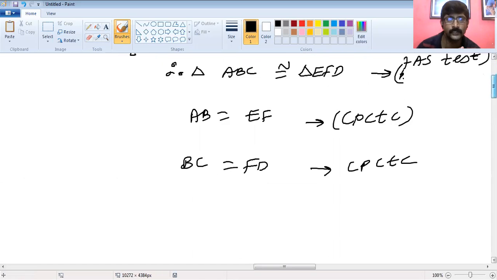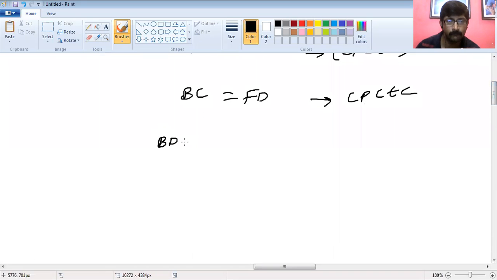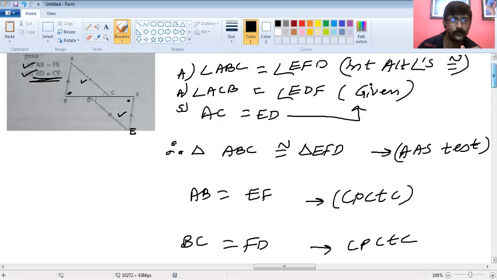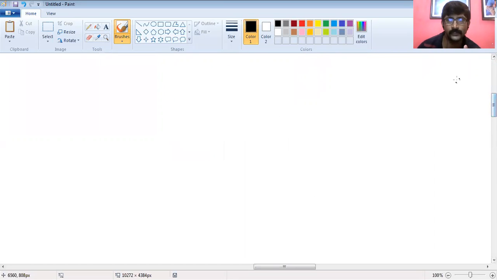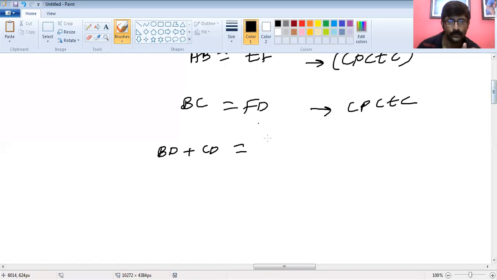And FD को कैसे लिखेंगे? FC प्लस CD. ना ये CD और CD कैंसिल हो जाएगा, सो बाकी क्या बचेगा बच्चों? BD is equal to FC, hence proved.